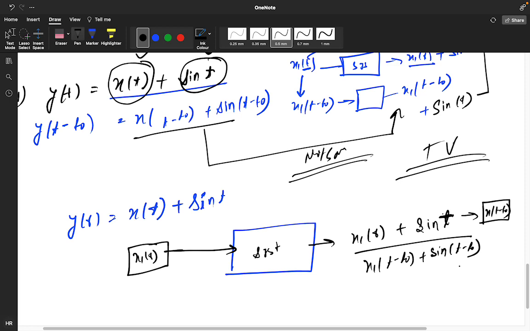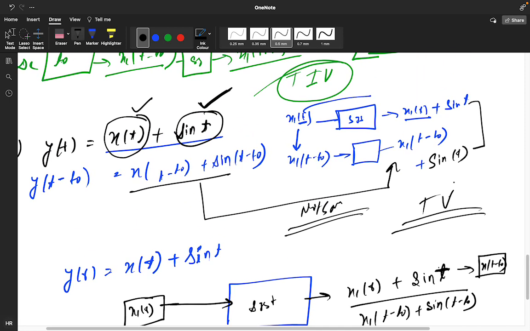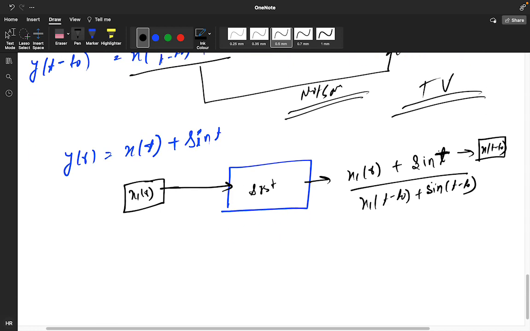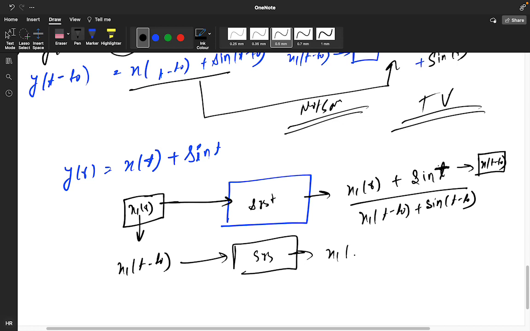So you understood, these two are not coming the same. Now what am I doing? I am doing the delay, so I will get x1 of t minus t naught. Then I will pass it through the system. What will you get? x1 of t minus t naught plus sine t only, because the system property was to add sine t only.